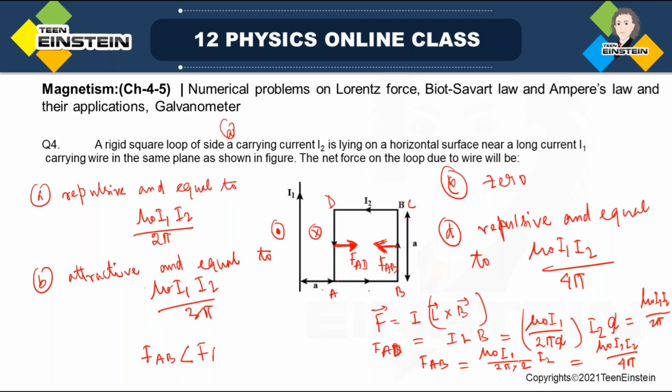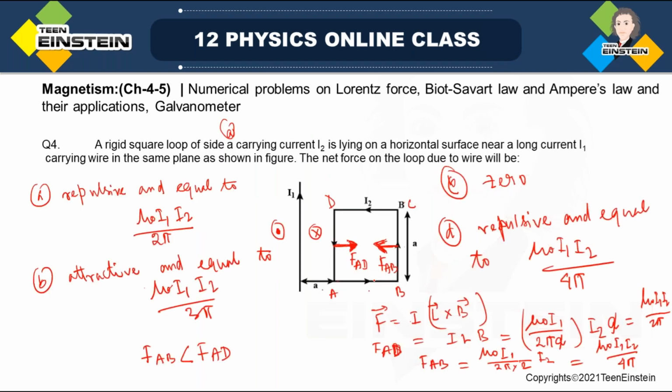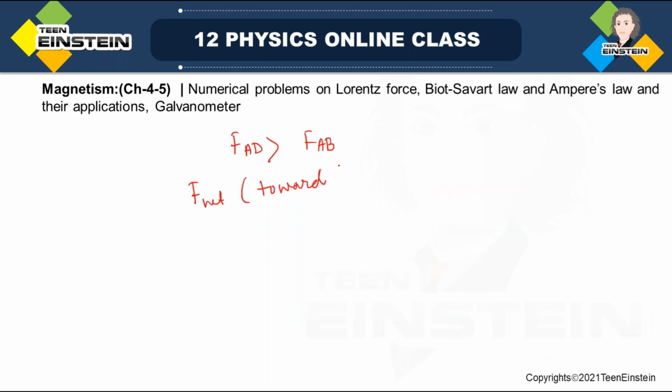Since FAD is greater than FAB, we will get a net force towards A to B, or away from the wire.